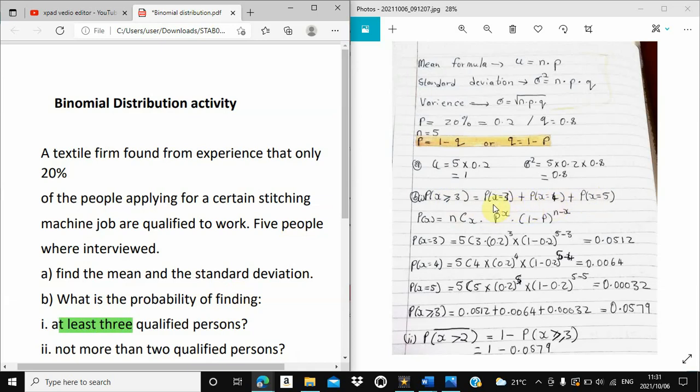Now we want at least 3 people that have qualified out of these 5 people. That's why we started from 3 to 5. At least 3 means greater than or equal to 3. Wherever you see at least 3, they mean greater than or equal to 3. If they said at least 4, it would be greater than or equal to 4.